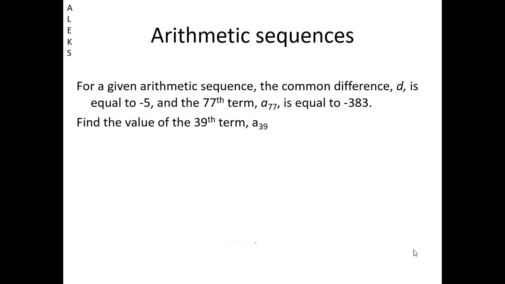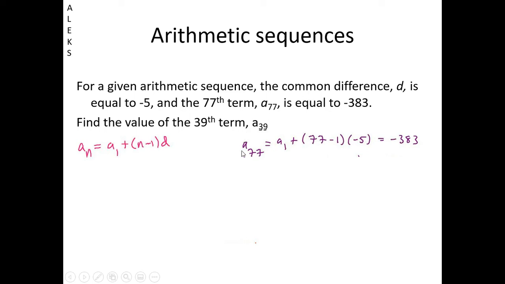Well, instead of just going down the line one by one, which would take a long time, we could do it this way. First of all, I know that a sub n is equal to a sub 1 plus n minus 1 times d. Well, I don't know what a sub 1 is, but I do know what d is. And I do know what a sub 77 is. So I can plug in a sub 77 is equal to a sub 1 plus 77 minus 1 times negative 5.